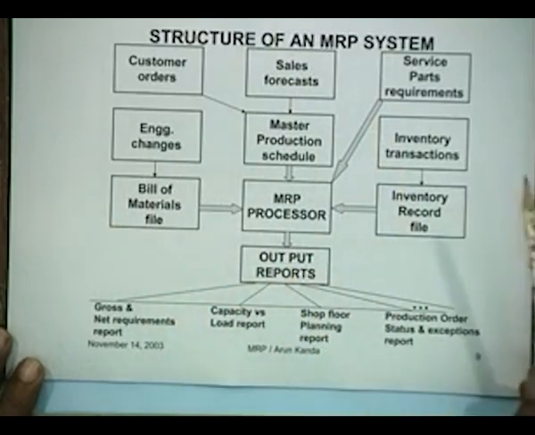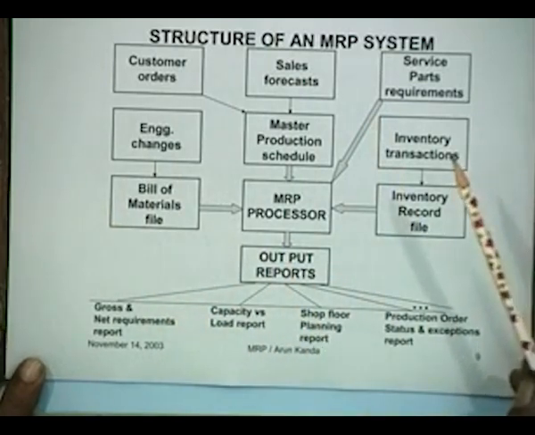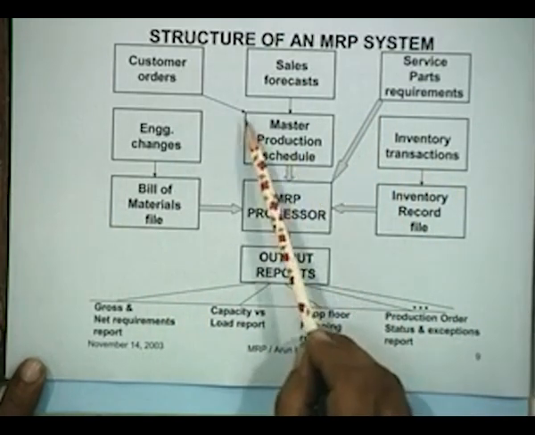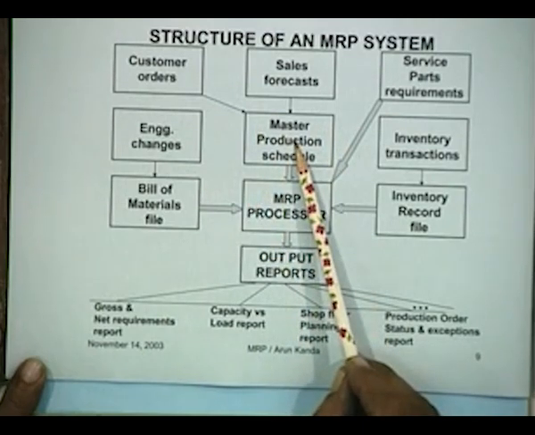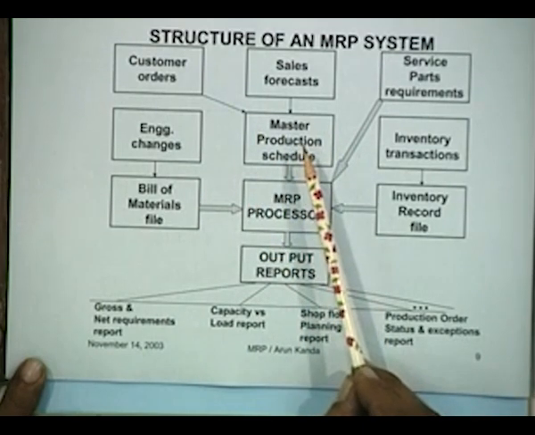First, let's try to get an overall idea of what an MRP system would look like. So a typical MRP system, because the number of components could run into thousands, is generally a computerized system, and therefore a typical MRP system will have this kind of a structure. What it requires is information on the master production schedule. The master production schedule is generated from two sources.